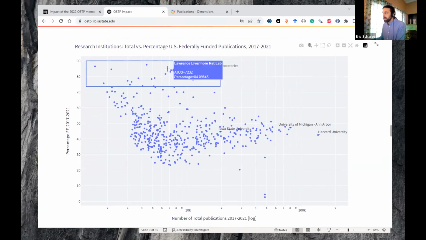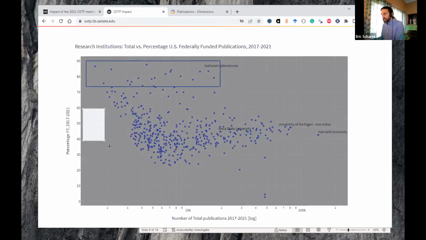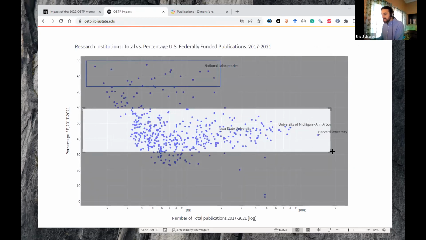So Lawrence Berkeley, Oak Ridge, Livermore, Fermilab, all these. I couldn't label all these because they would all run into each other and you wouldn't be able to read them. So I put a box around it and just said, these are all the national laboratories up here. Most universities are somewhere in this 40 to 60, maybe 30 to 60% down around here.